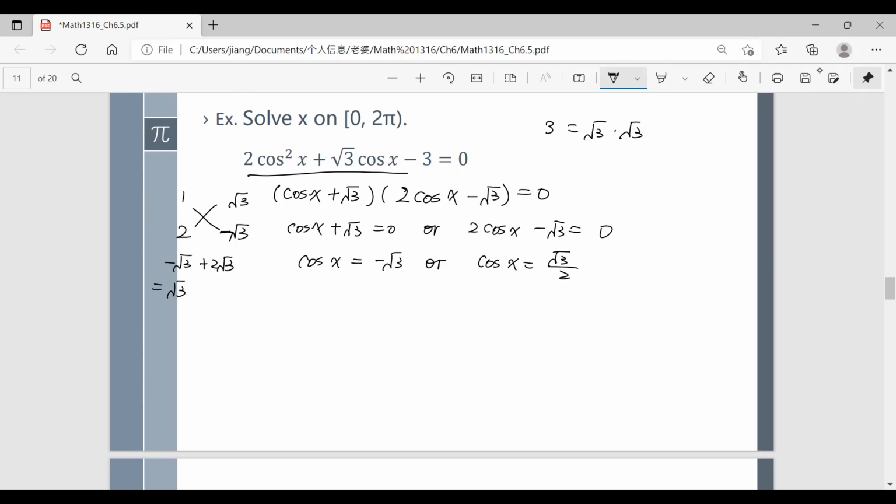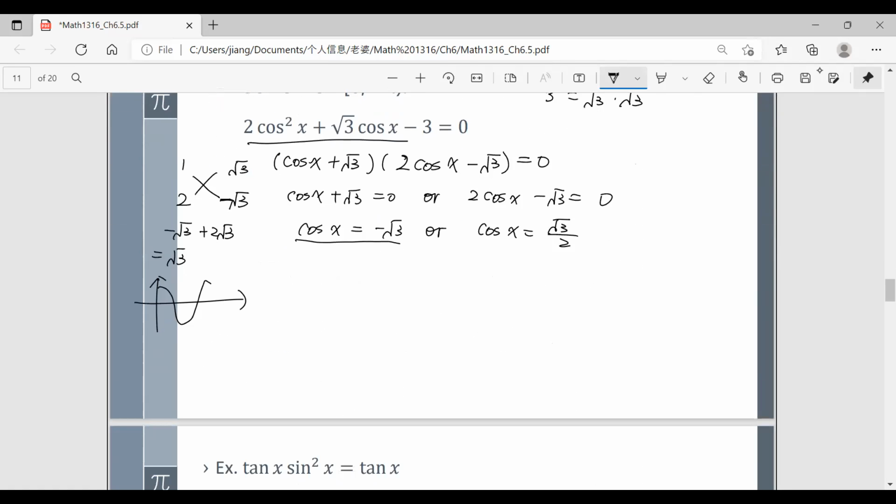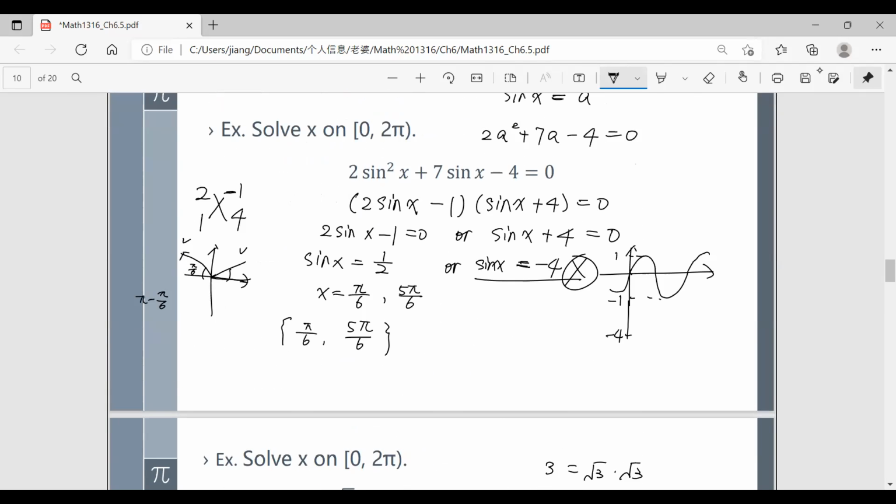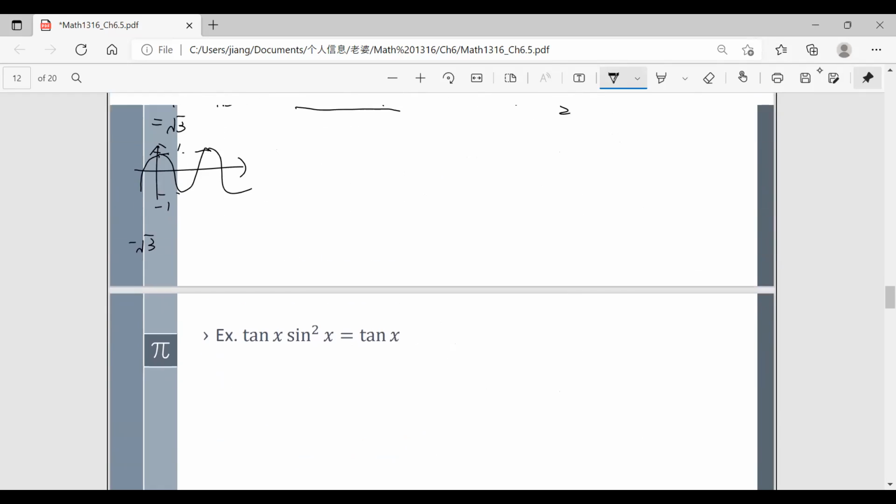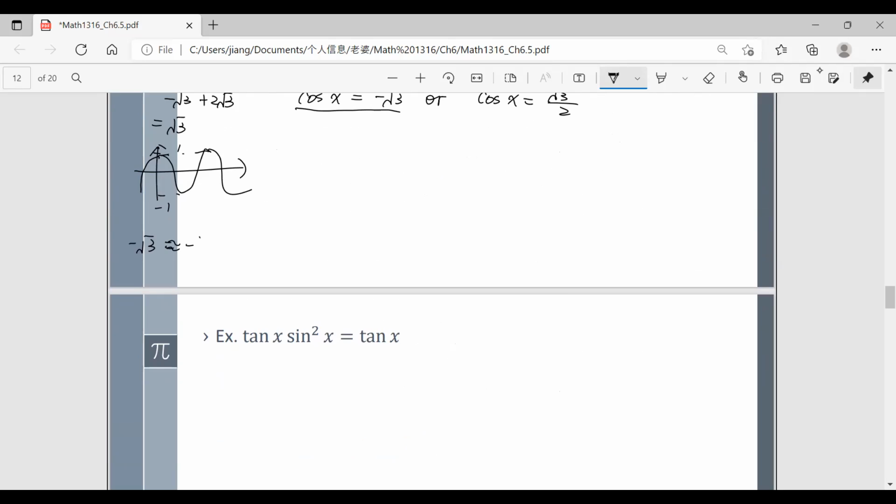And can we choose this one? No, because what does the cosine graph look like? I can continue to draw the graph. The maximum is 1. The minimum is -1. The negative square root of 3 is about -1.732.